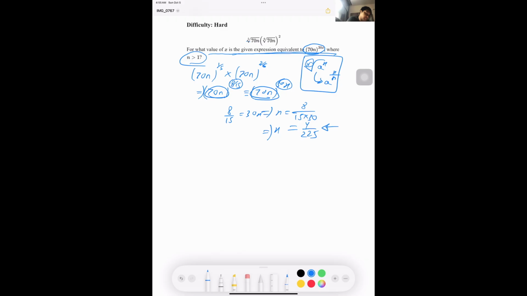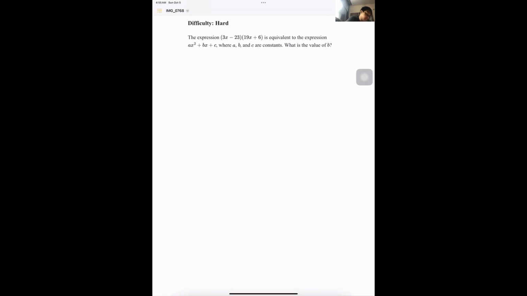To the next question then, the expression this is equivalent to the expression ax squared plus bx plus c. What is the value of a? Let's expand this.